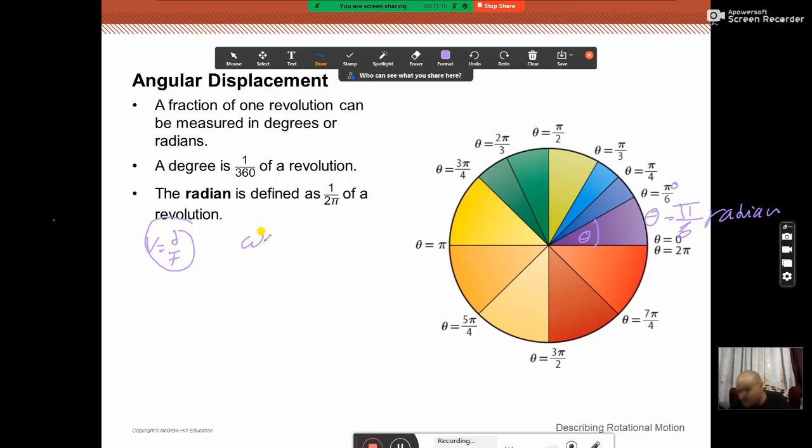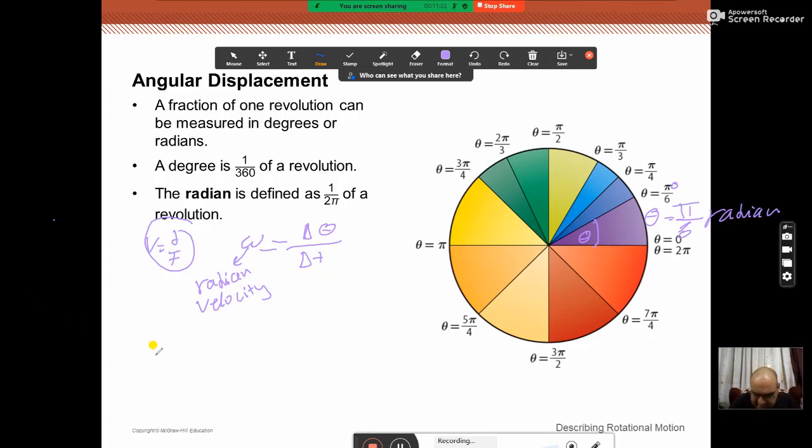So omega is called the radian velocity. As with linear velocity, it equals change in displacement over time. Here, the change in angular displacement is delta theta over delta t.